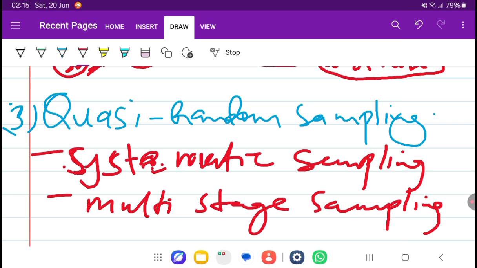So we need to understand what these two are all about. But one key thing is that you have to note that this is only applicable if random sampling cannot apply.